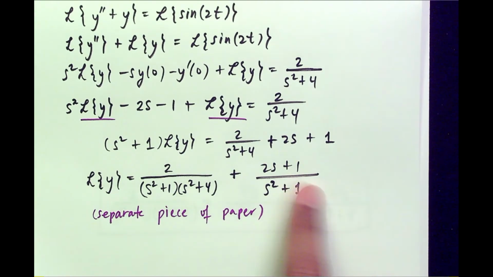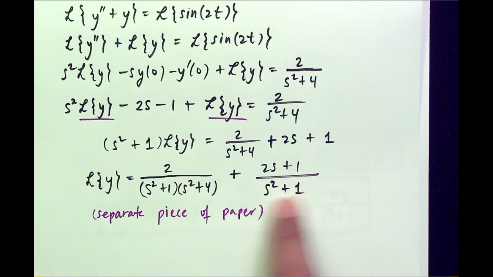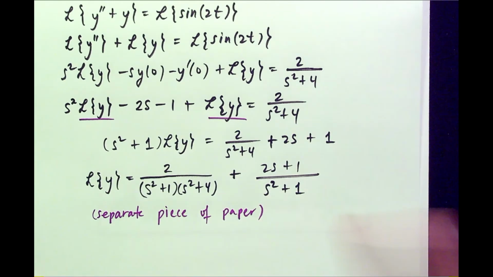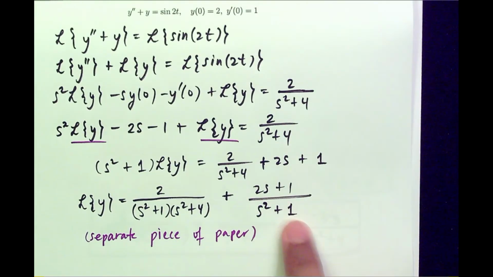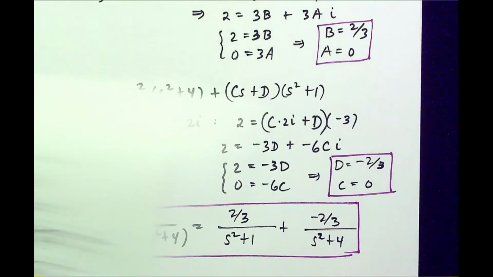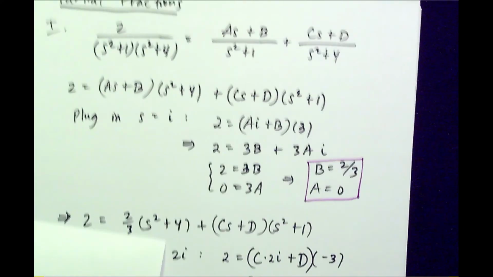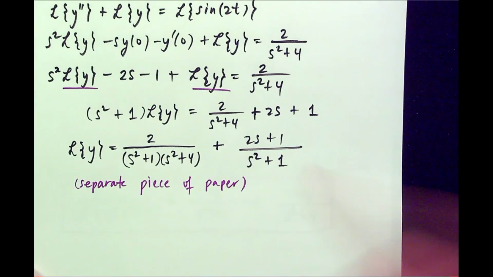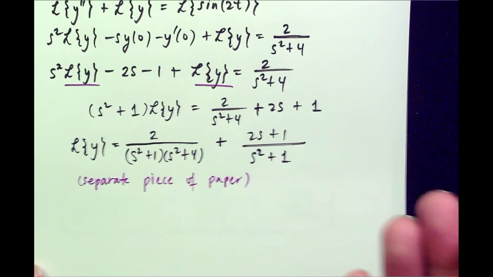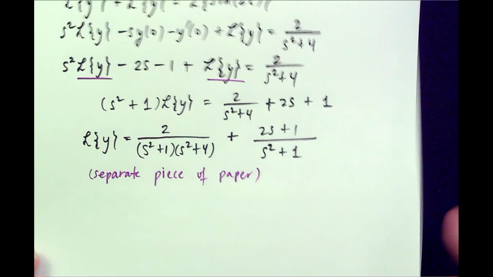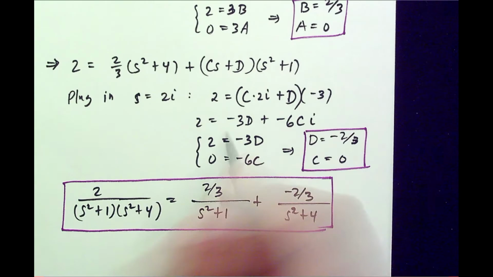When you have a partial fraction over s squared plus 1, the top has to look like this, a linear term of degree 1, as plus b. And that one is already like that. So the partial fraction is already done. All we have to do is actually break it up.